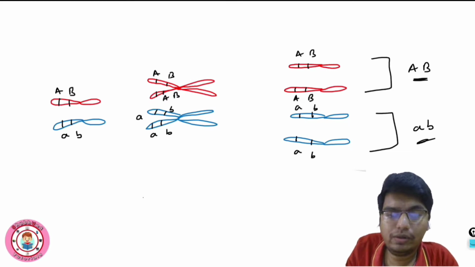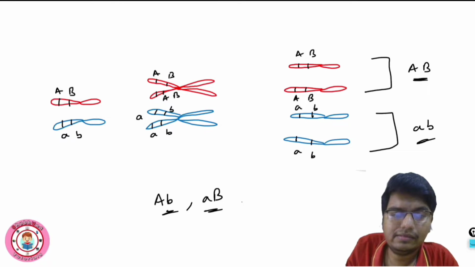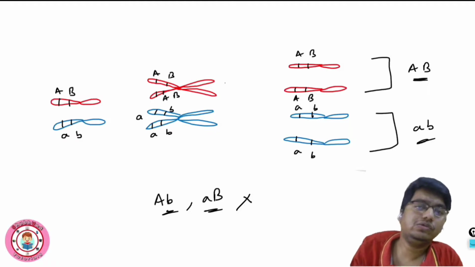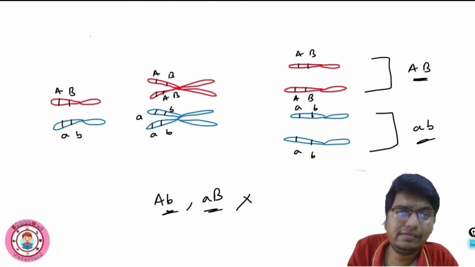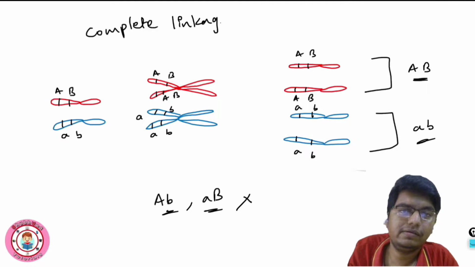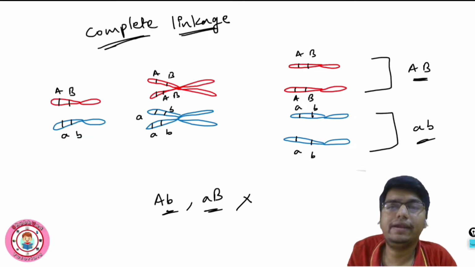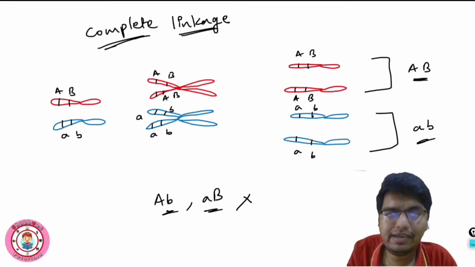As we saw, recombinant means capital A with small b and small a with capital B. These we do not see. So this type of inheritance is known as complete linkage, in which there are no recombinants seen, only parental genotypes we can see.